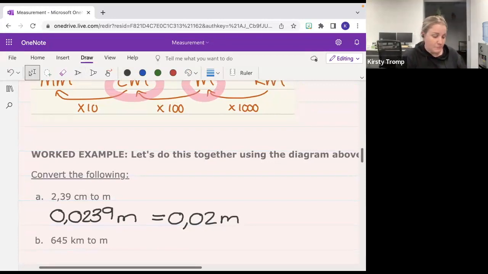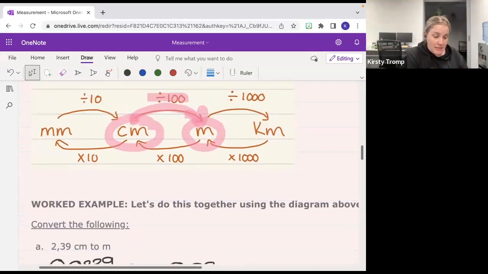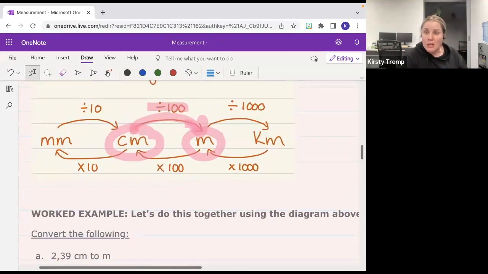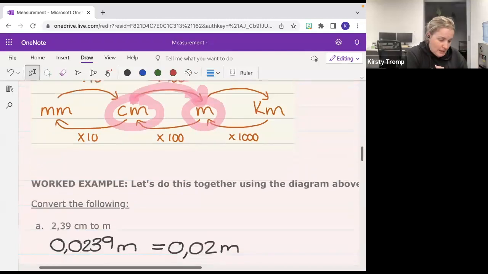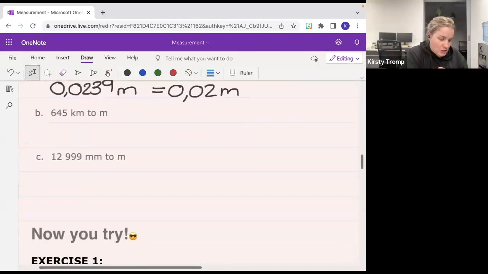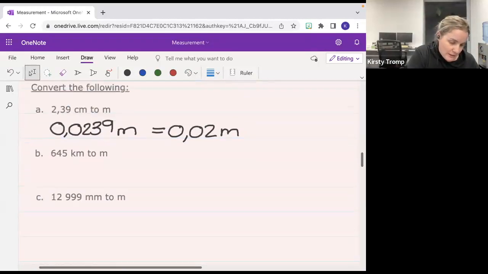Okay. All right. I'm hoping that you've taken a screenshot of this table because I'm going to move down now and we're going to lose it on our screen, but we'll keep referring to it throughout the lesson. Okay, all right. Next question says to me, 645 kilometers to meters. So I'm going to go back for this one quickly.